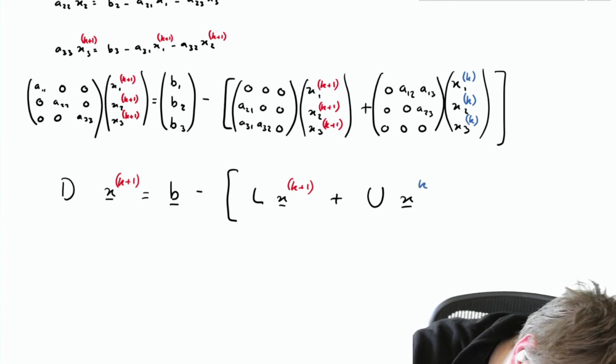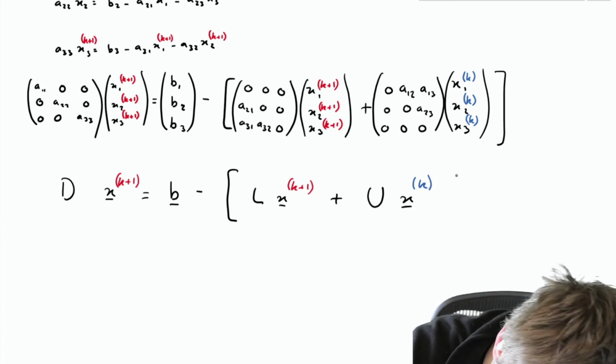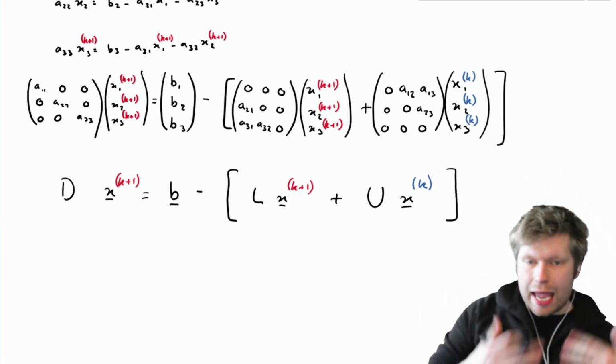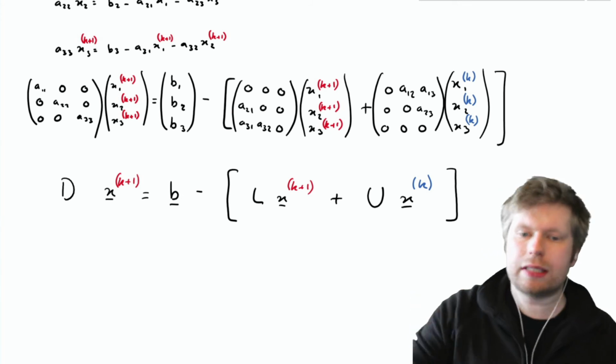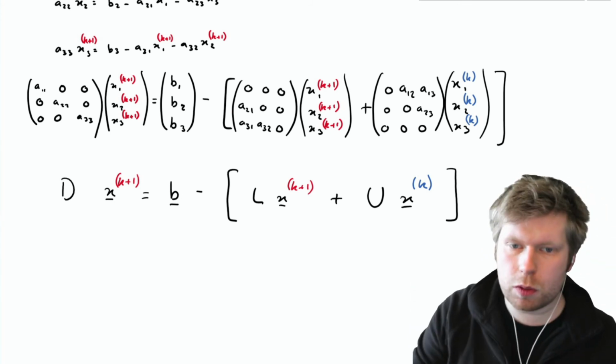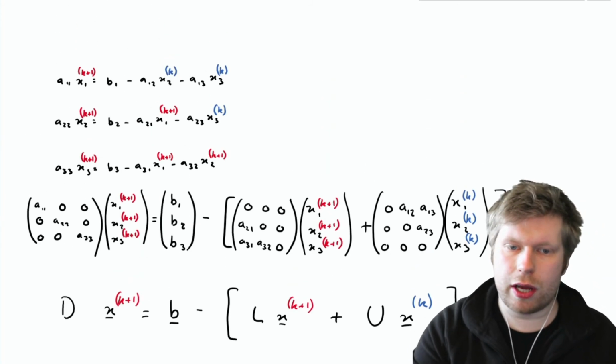So hopefully that makes sense. The only difference, of course, between Jacobi and Gauss-Seidel is the fact that we're using the most recent values of x. Hopefully you can see that from the equations that I've got up there.